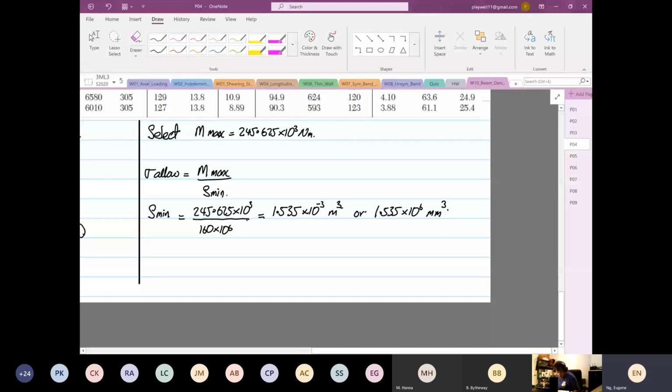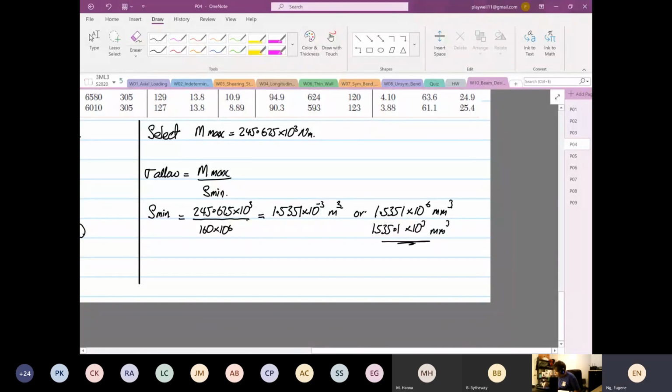So this will be equal to 1.51 times 10 to the power of 6 millimeter cube, and I have to do 1535.1 times 10 to the power 3.